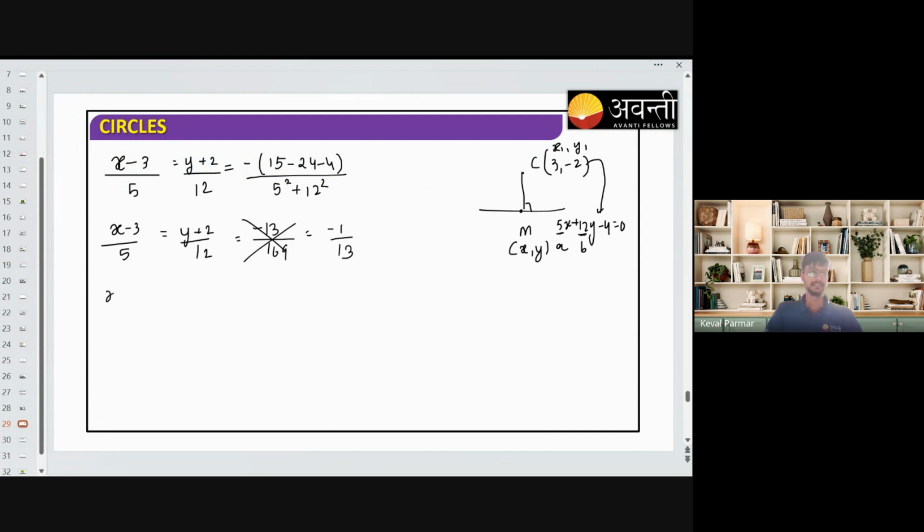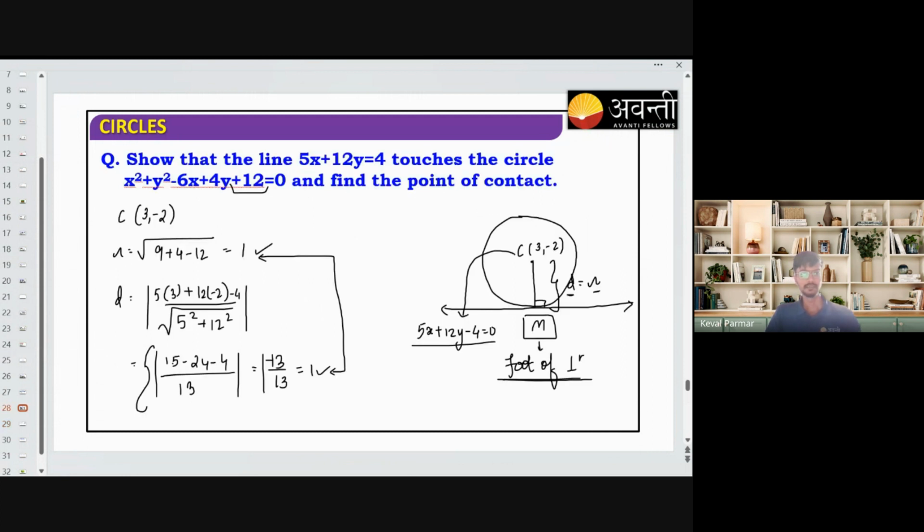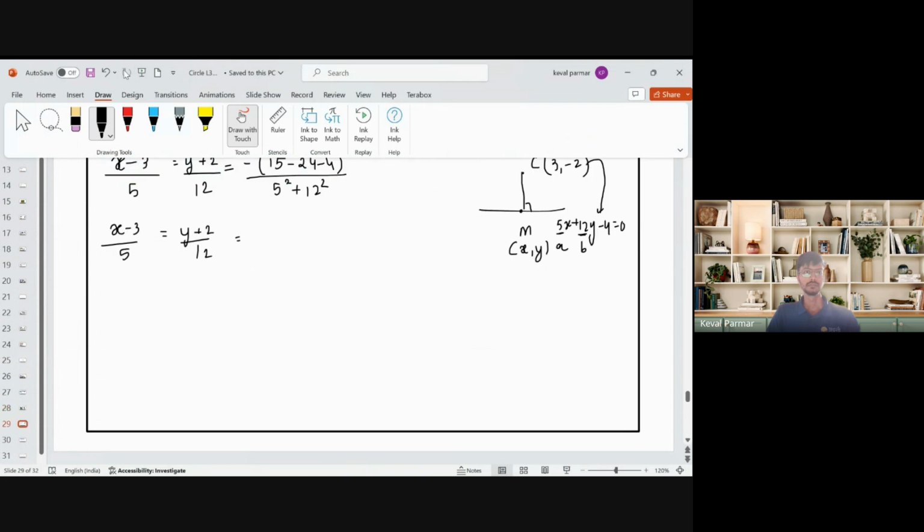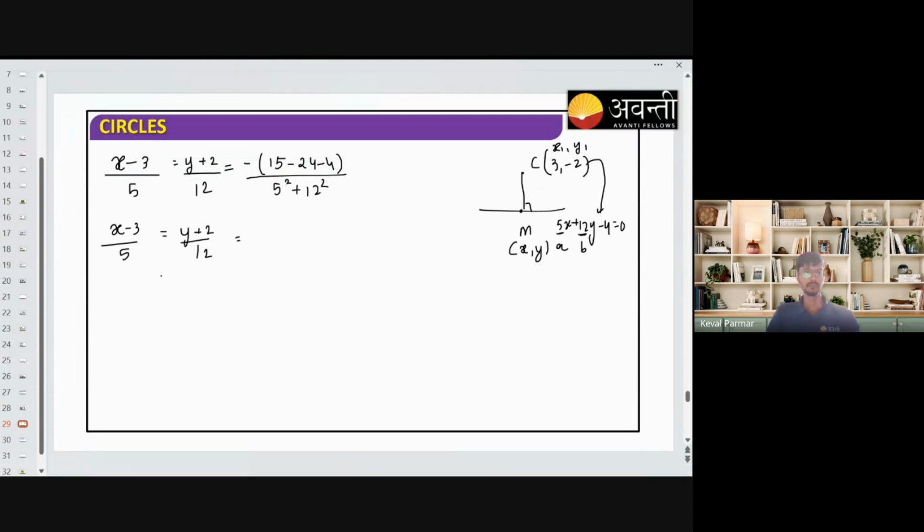So what will be the coordinate of x? Minus 1 by 13, and y plus 2 upon 12 will be minus 1 by 13. So what will be x, guys? X will be 3 plus 5 by, sorry, 3. Is equals to minus 1 by 13. All right.